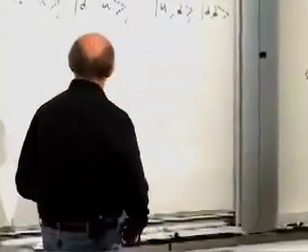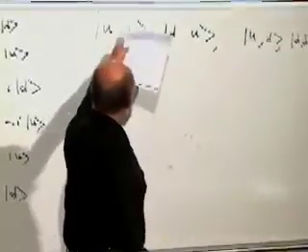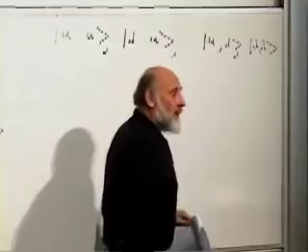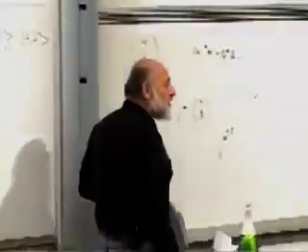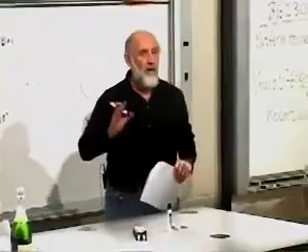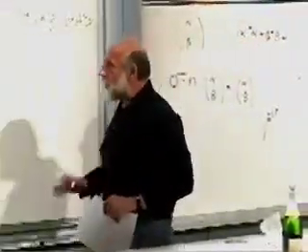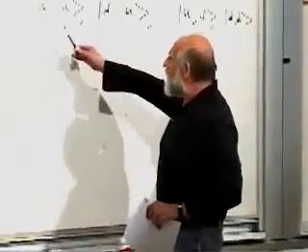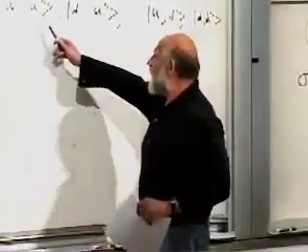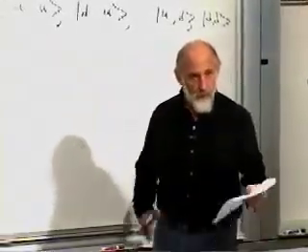If you're interested in the first spin, the one on the left here, you simply turn a blind eye to the second one. You don't look at it. It's passive. The operator sigma, which refers to the first spin, has no action on the second electron. It does nothing to it. So when sigma acts, it may or may not flip the spin of the first electron, but it leaves the second one completely unchanged. All right, that's the rule.